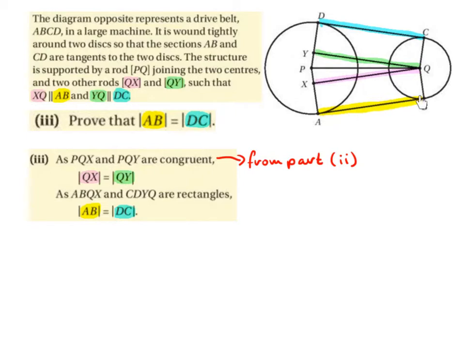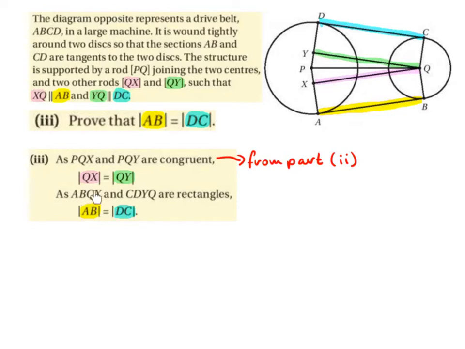So AB in yellow is equal to DC in blue. As the triangles PQX and PQY are congruent, we worked that out from part 2, we know that QX is equal to QY. So QX in pink is equal to QY in green. They're the hypotenuses from the right angle triangles. And we also knew that from part 1 because we worked out that we had two rectangles.